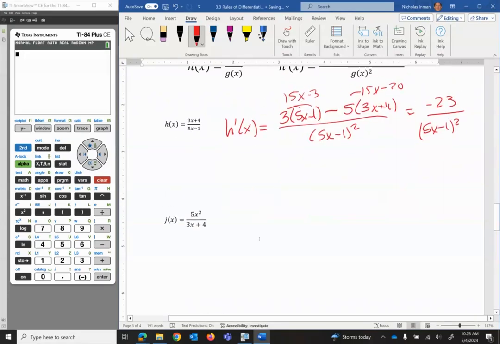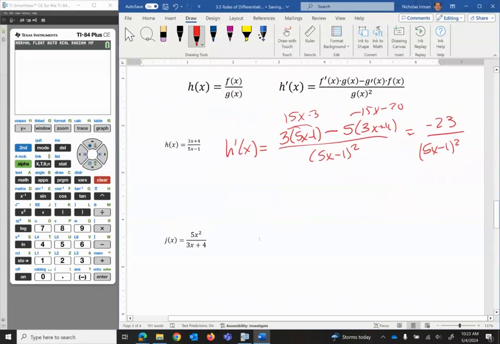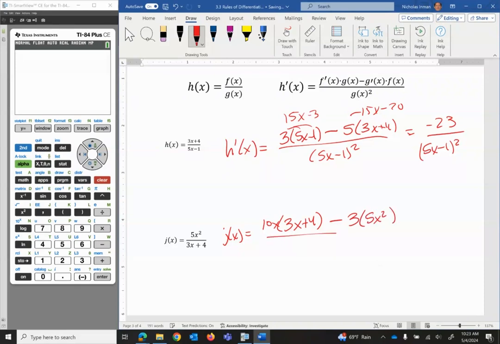J of x here, we have something divided by something else, so that is our quotient rule. So J prime: the derivative of the top, derivative of 5x squared is 10x, times the bottom left alone, minus the derivative of the bottom, 3, times the top left alone, over the bottom squared.